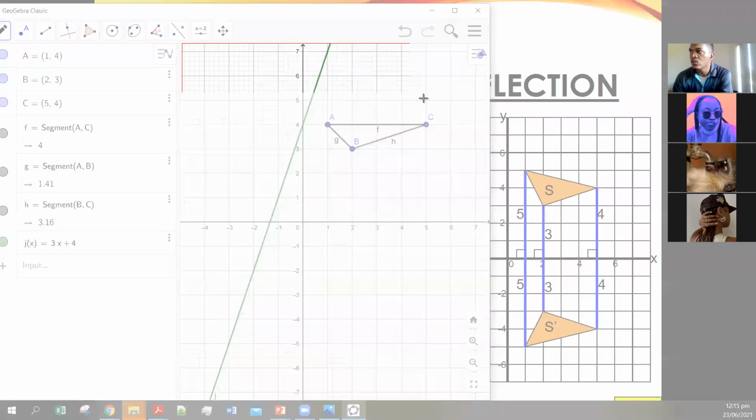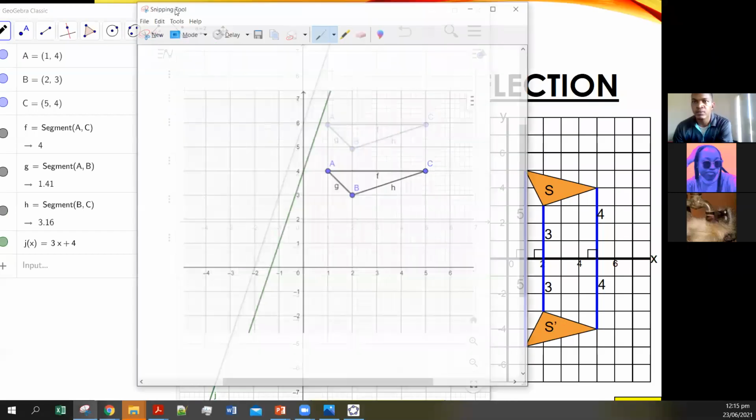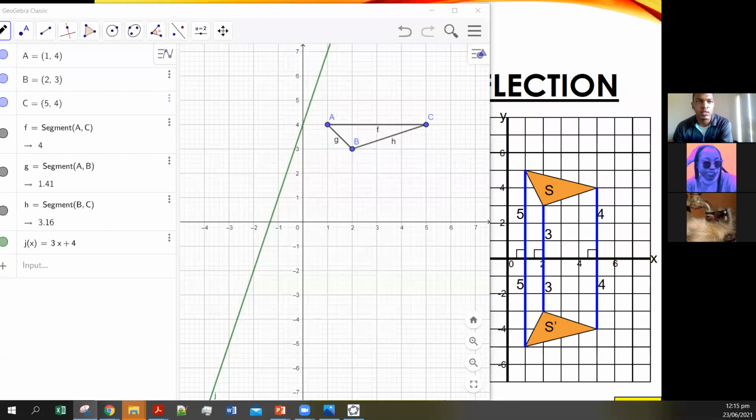All right. So basically we want a reflection. I just snipped it here quickly, and then we will post it in the chat. Okay, so save.